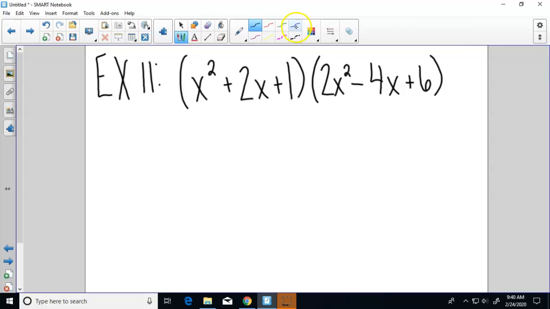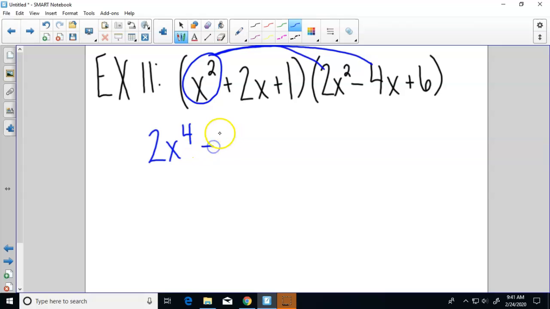Okay? So the first thing I'm going to do is we're just distributing just like we've done with the other problems. So x squared times 2x squared is going to give me 2x to the 4th power. And I'm going to do x squared times negative 4x.